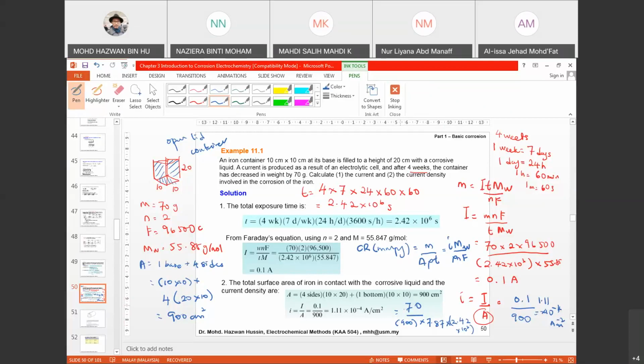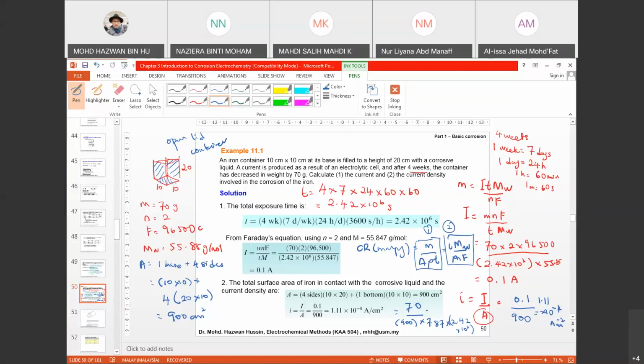You use this formula or this one, Jihad? The second one. Actually, if you use the second one, you also get the same thing. You should get the same thing.